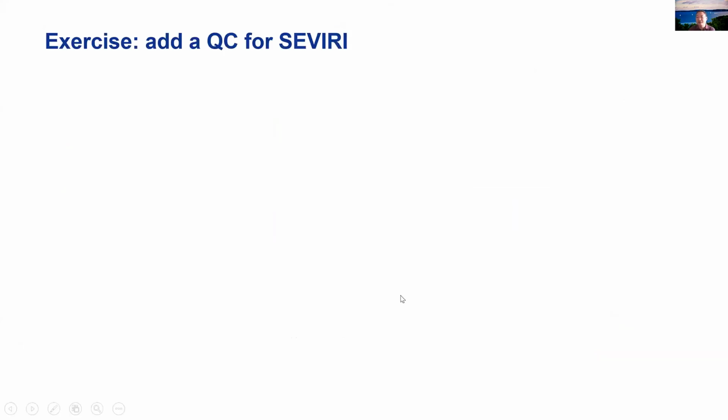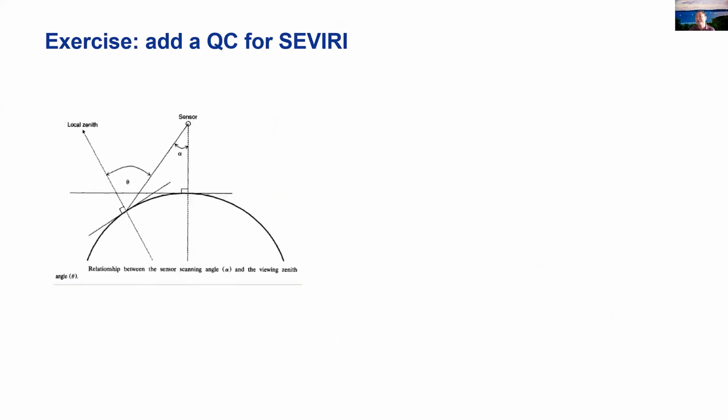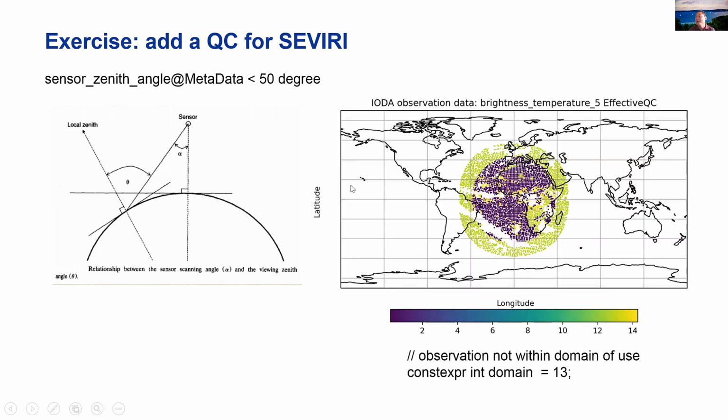And also here I would like to add a QC for the severity, and also in yesterday's practical session we have this. I'm not sure whether all the people have done this before. For the geostationary satellite, there is a very large local zenith angle, so there is a very slant path. So we always constrain the local zenith angle for the geostationary satellite. Here is the example from yesterday's practical session.